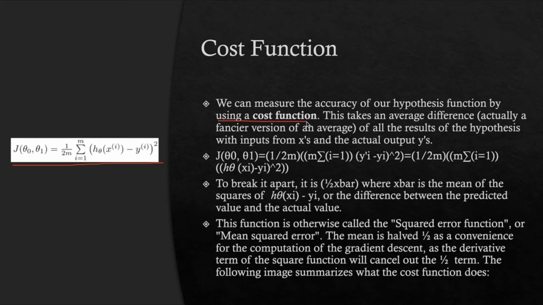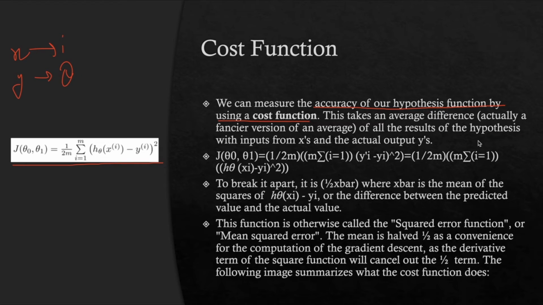This takes an average difference, actually a fancier version of an average, of all the results of the hypothesis with inputs from x and the outputs y. I have told you earlier that x represents input and y represents the output.